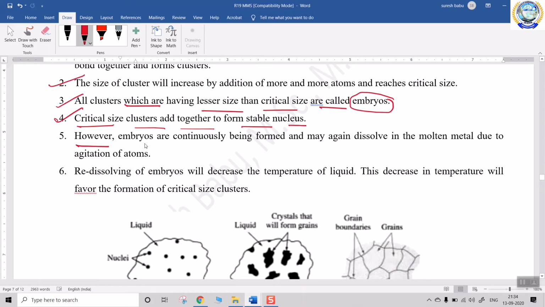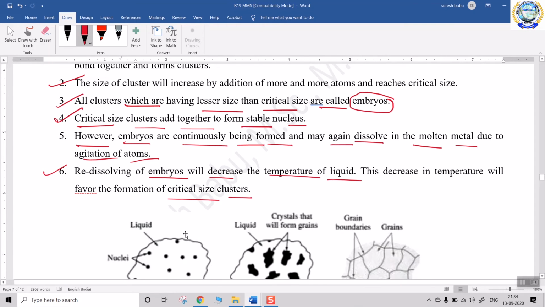However, embryos are continuously being formed and may again dissolve, that means redissolve in molten metal due to agitation of atoms. Finally, redissolving of embryos will decrease the temperature of the liquid. This decrease in temperature will favor the formation of critical size clusters or nucleus.